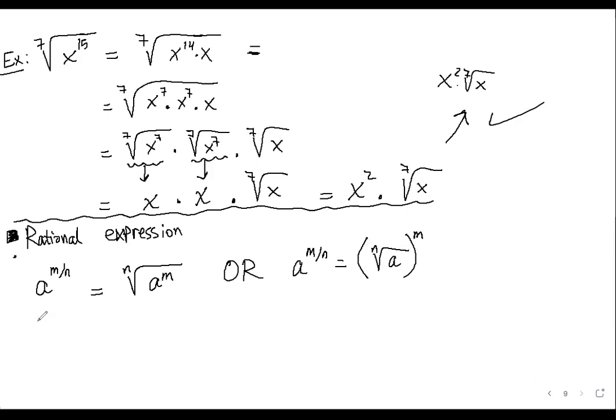Here we have to make sure m and n are integers. Both m and n are integers, and n must be positive, not equal to 0.